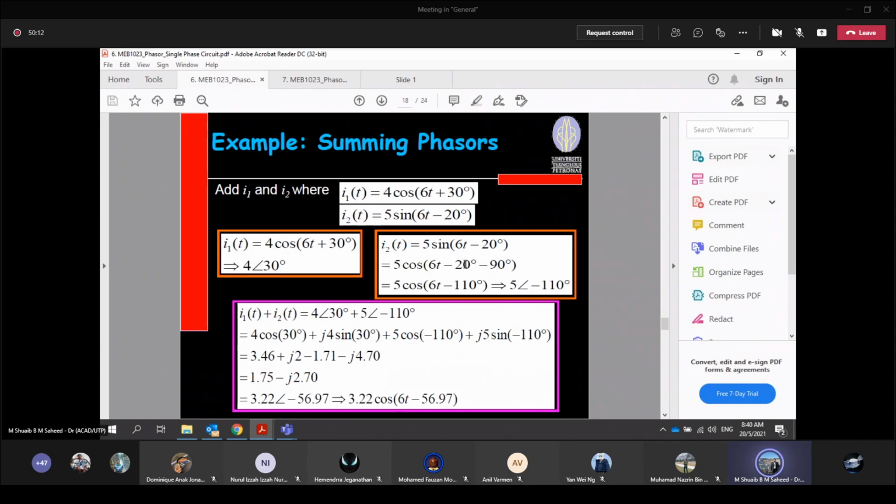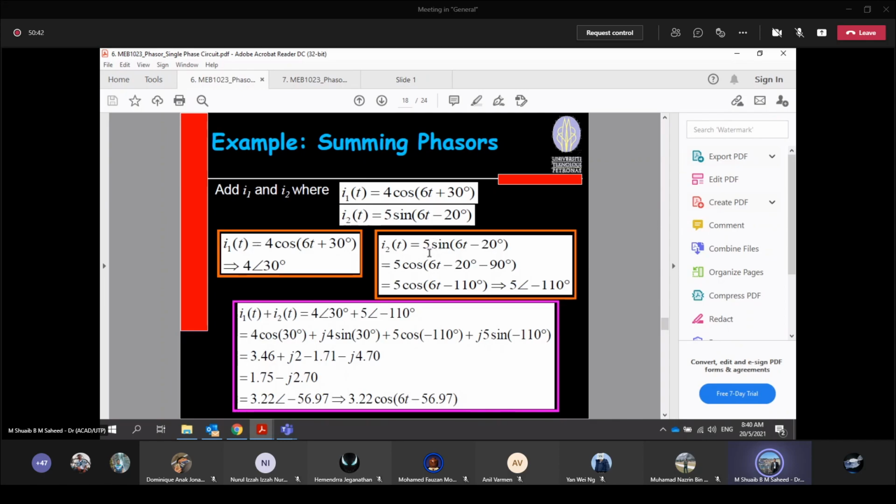If you do the expansion for this, making 60t minus 20 as the A and the B will be 90, you will get this format back. That's why it is named the cosine and sine identity. They are linked with each other. I don't have to go into that much detail, so please do revise on your own, guys.